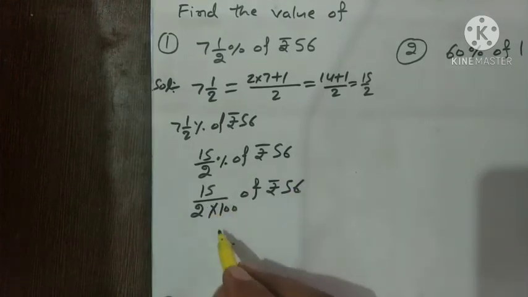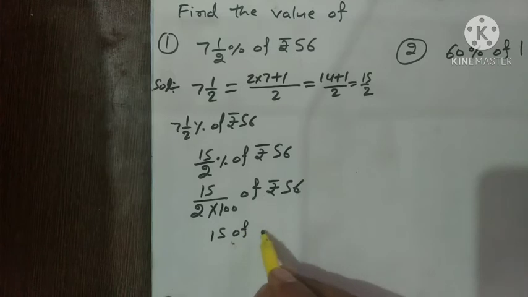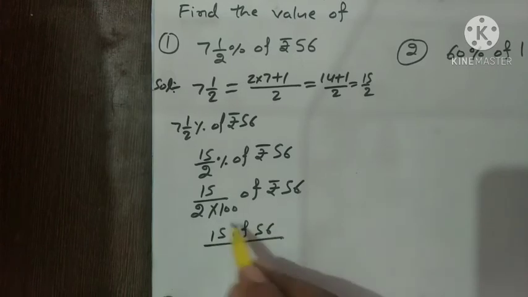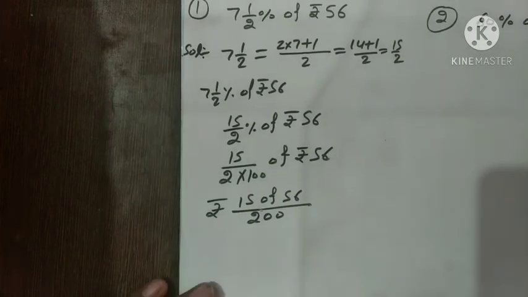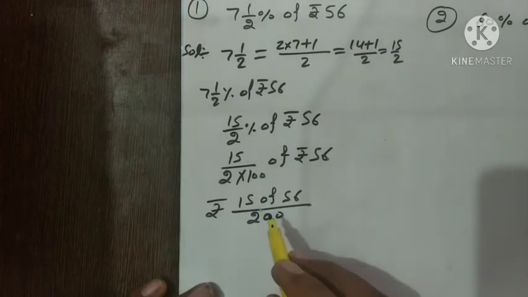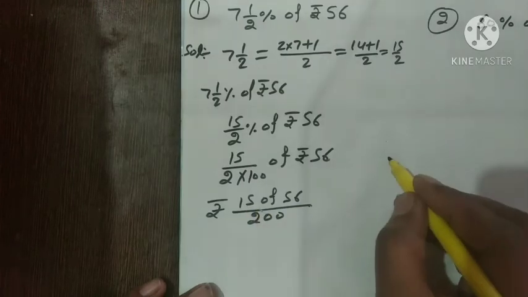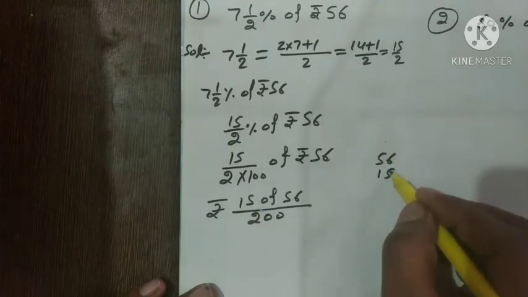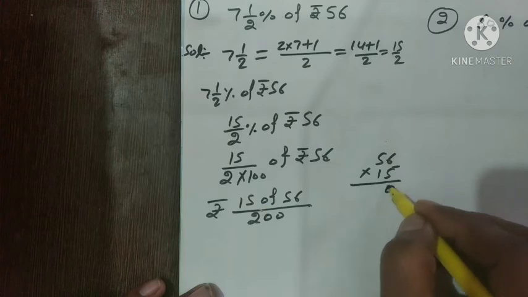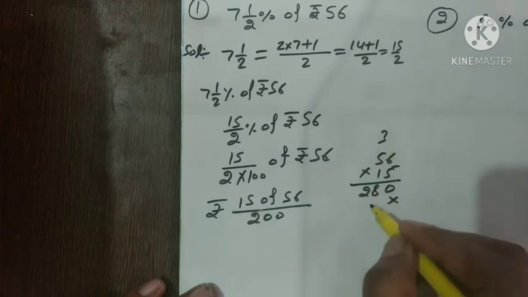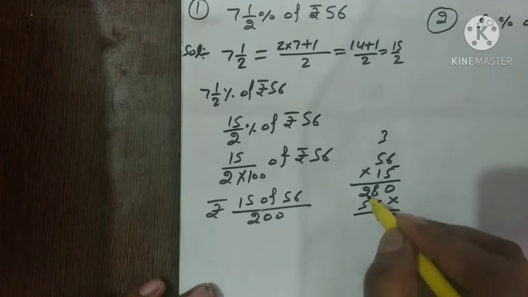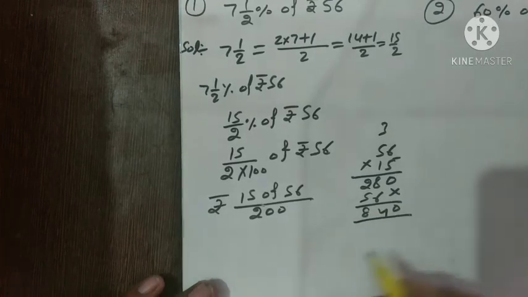Now 15 of 56 over 2 multiplied by 100, that is 200. The unit is rupees. So I will multiply 56 with 15. This is 840.